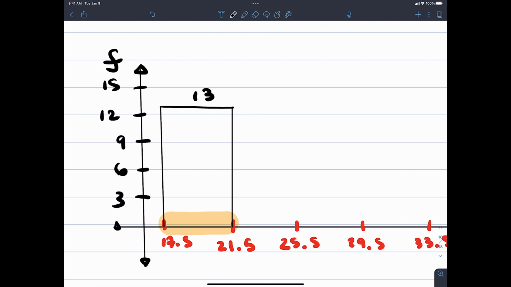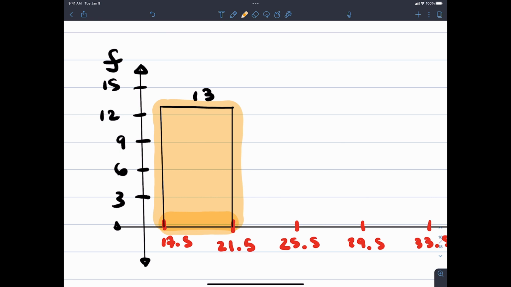And what I'm remarking to you guys here is this, that rectangle represents the frequency of the first bin. And this is how we start to draw a histogram, a bar chart, rectangles, and that first rectangle has an altitude of 13.